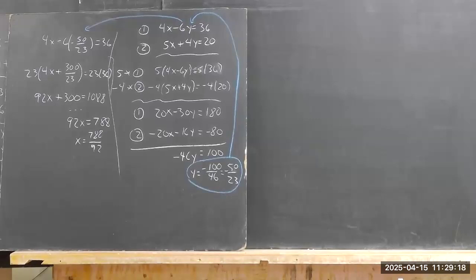I don't know that it does, but it should be, well, 30 times 23, 690. And then that leaves 98.